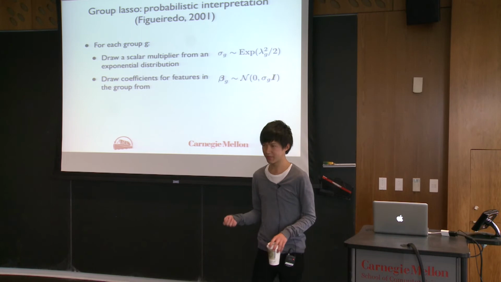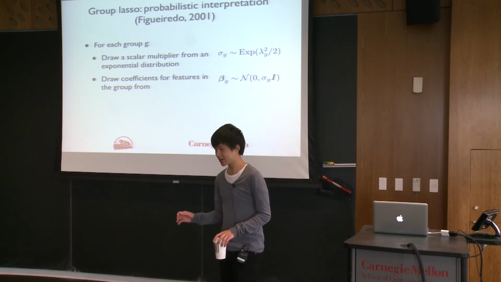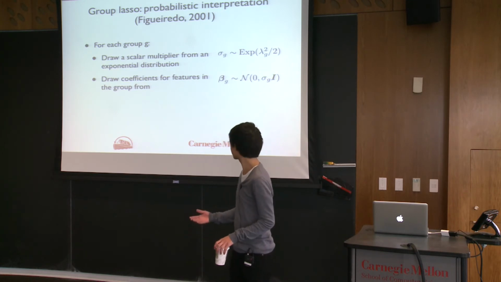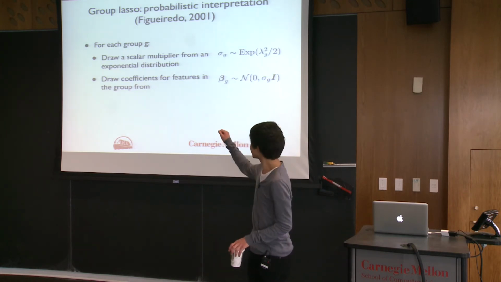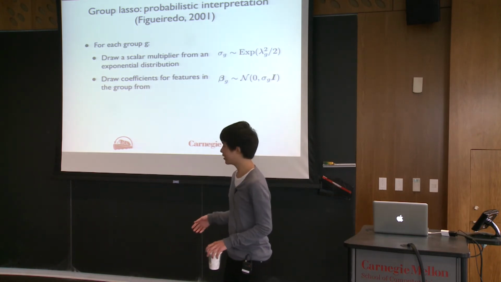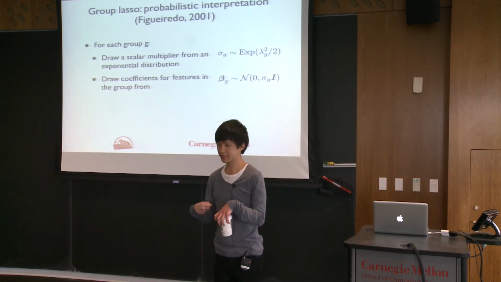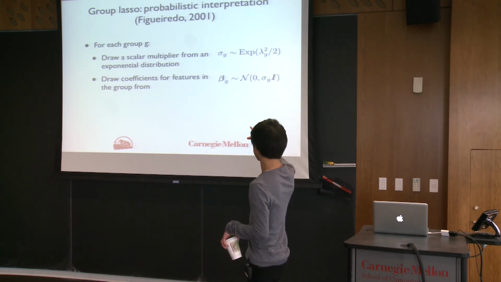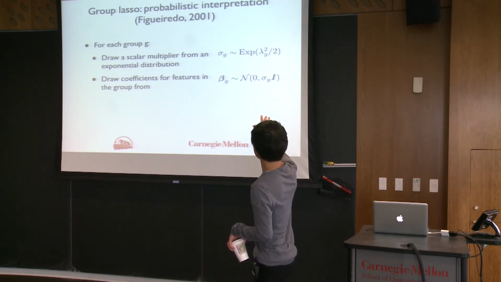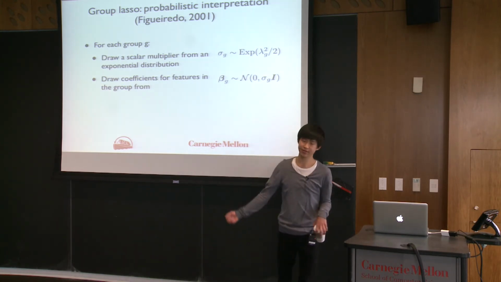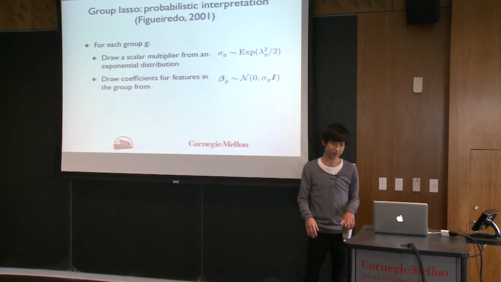For each group, you first draw a scalar sigma g from an exponential distribution, and then for each feature in the group, you draw the feature weights from a normal distribution whose variance is parameterized by sigma g. This is the probabilistic interpretation of group lasso.